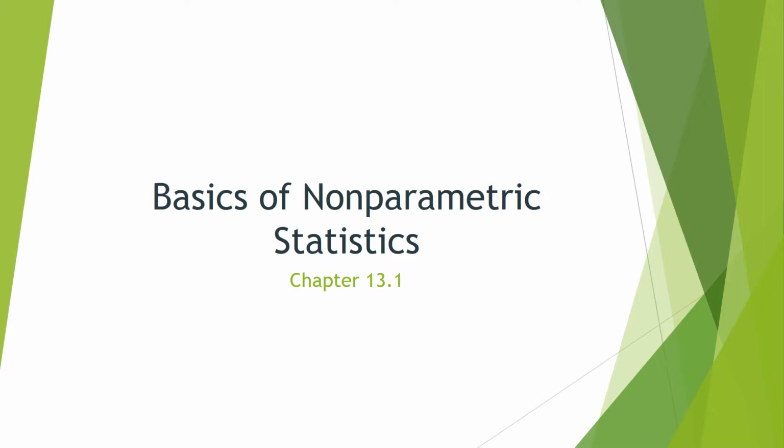But sometimes we have cases where we do not know that these assumptions hold, and in that case we're dealing with non-parametric statistics. So this lecture is on 13.1, which is just the basics, an overview of what non-parametric statistics are.